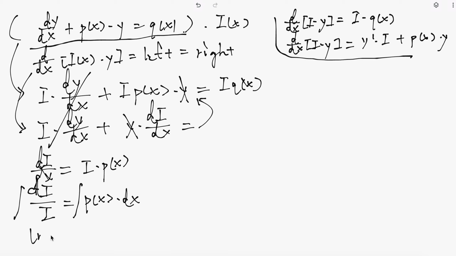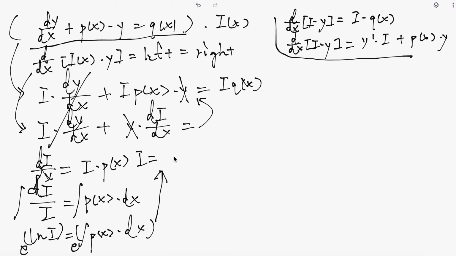And as you can see, ln I is equal to the integral of P(x) times dx. However, we add the little e here to cancel out ln, so now we can write out the function I specifically is equal to e to the power of the integral of P(x) times dx.